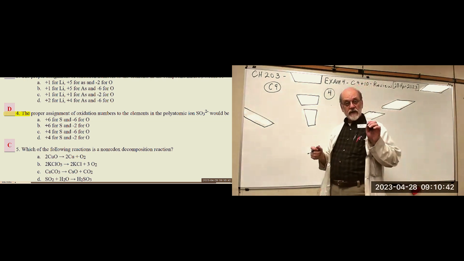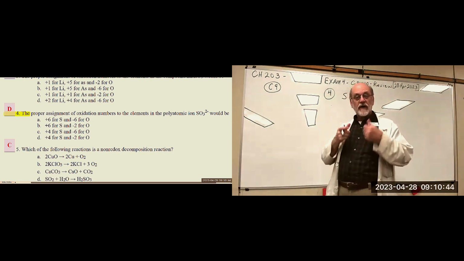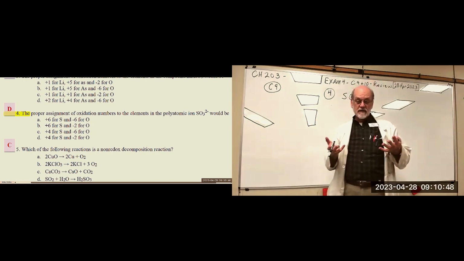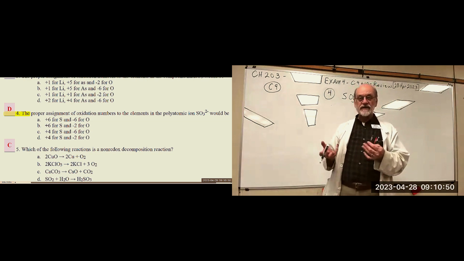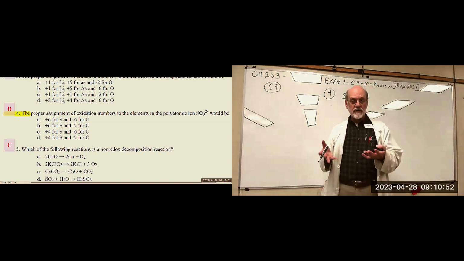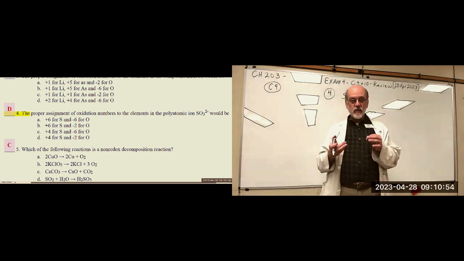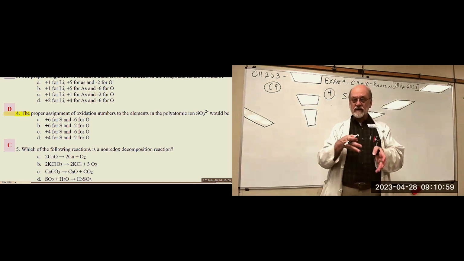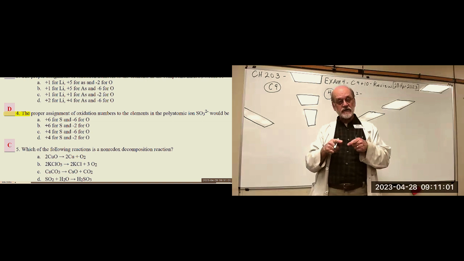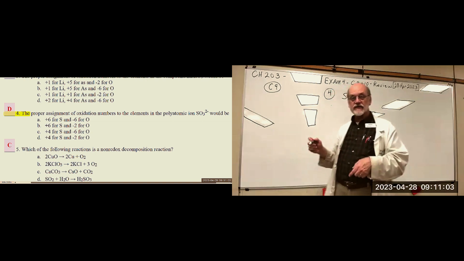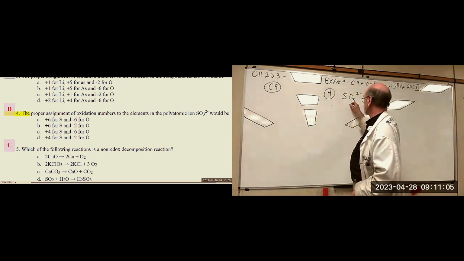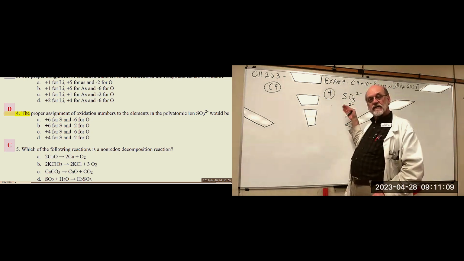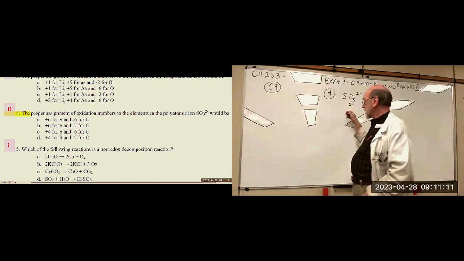Remember, oxidation state determination is a bookkeeping scheme for our electrons. It doesn't necessarily mean that there's a charge. It just means that this is where we're assigning the location for our electrons. And we said that oxygen is always a 2- oxidation state.